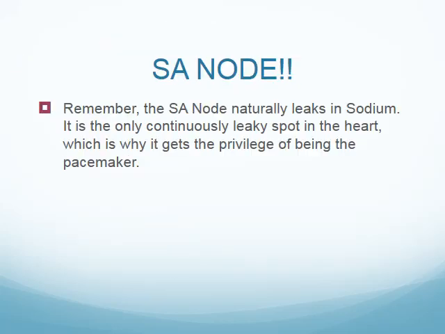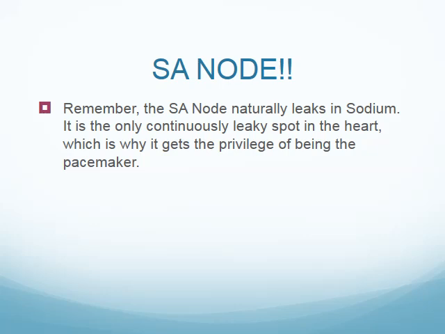So as I already mentioned, the SA node is naturally leaky to sodium. So there's always going to be sodium leaking into that SA node. This is what, in essence, causes the SA node to be the pacemaker. The other cells in the conduction system have to receive stimulus from the next cell. As the stimulus travels down, they get their stimulus from the previous cell and the previous cell and so on.